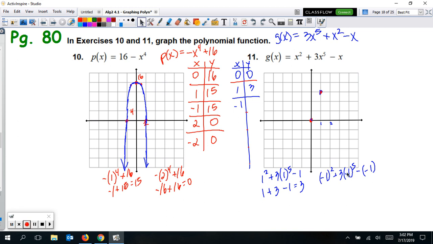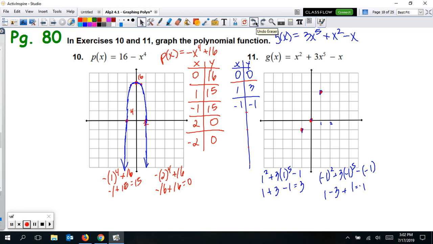This is going to be a negative 1 here because 5 negatives is going to stay negative. So it's going to be negative 1 times 3, which will make a negative 3 here, and then this will be a positive 1 in the back. So we're going to see it as positive 1, negative 3, positive 1. And so if we put the two positive 1's together, that's going to be 2, and then take 2 away from negative 3, we're going to get negative 1. So negative 1 is another point on this graph. We can plot that over here in the third quadrant. So put that one down.